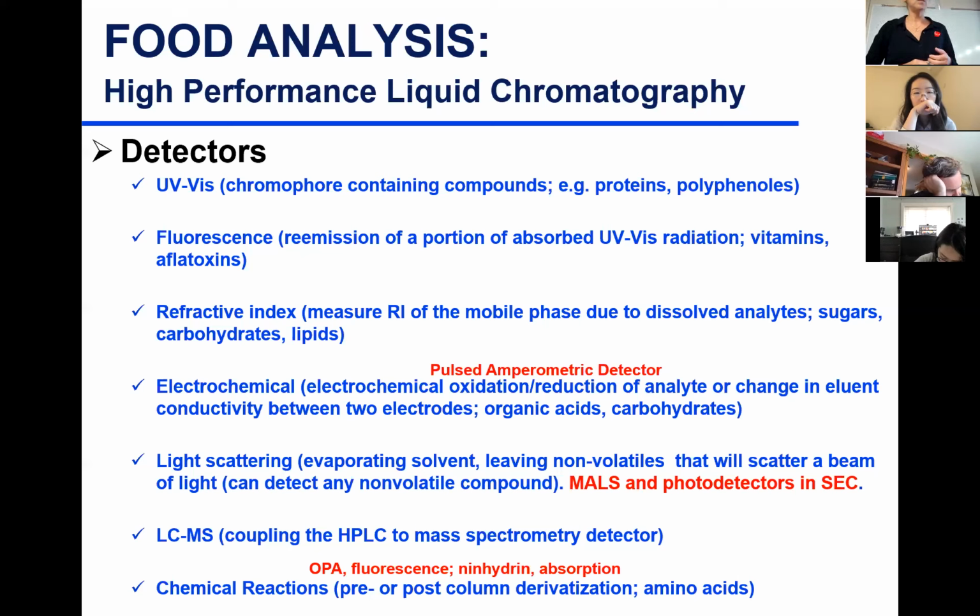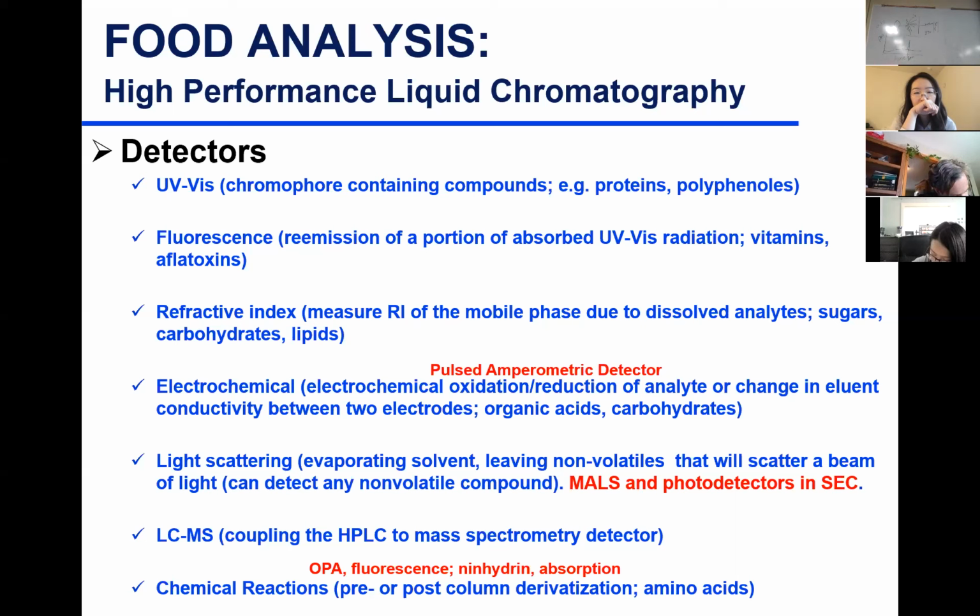Electrochemical detector: the most common one nowadays is called pulsed amperometric detector, which is an electrochemical detector that measures analytes that can be oxidized or reduced. So as the analyte moves through, you apply a voltage, and there will be a change in current that would be measured based on the reduction or oxidation of that analyte.